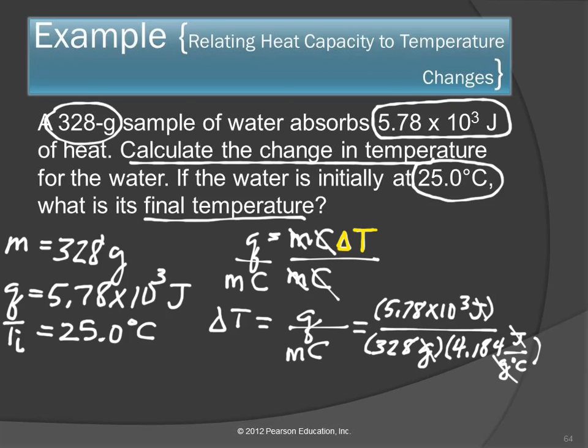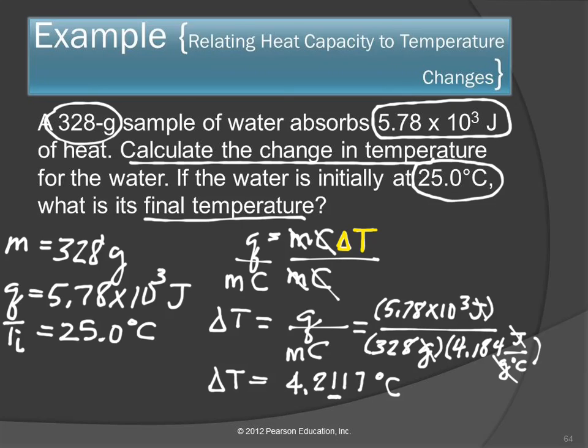5.78 EE3 divided by 328 divided by 4.184. So the change in temperature is 4.2117. How many sig figs should that have? 3. The mass and the heat both have 3, and so that would be right there. 3 significant figures.